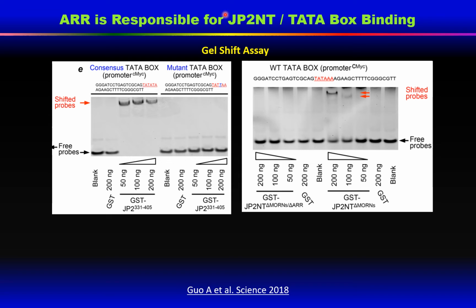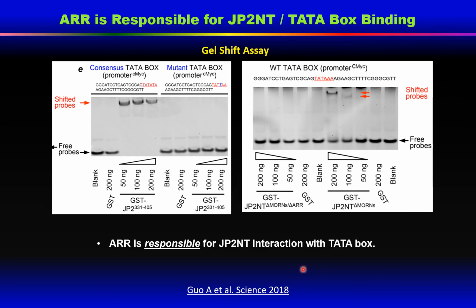Again, gel shift assay with a purified peptide containing only the alanine-rich region shows that this alanine-rich region specifically binds to the consensus TATA box, but not the mutant TATA box. Also, deletion of the NLS motif doesn't affect JP2NT binding with the TATA box at all.